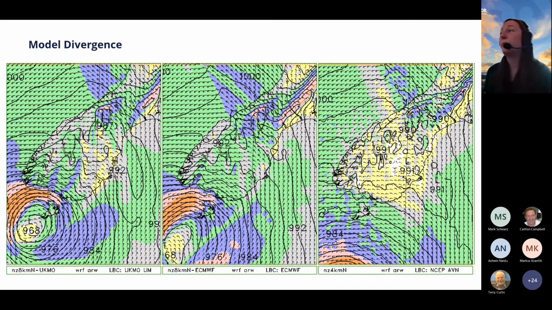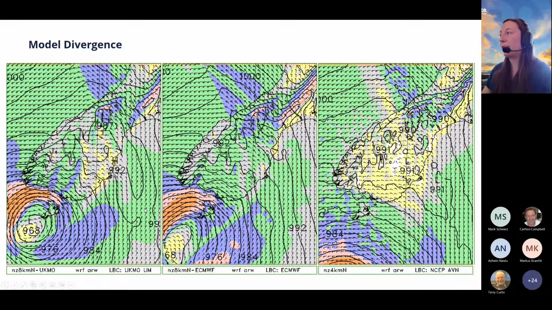We also have issues where the models, what we call diverge, they go their separate ways between themselves and between reality. And so in this example, we have our two 8-kilometre WRFs and a 4-kilometre WRF. And you can immediately see there's a very different wind strength across the Lower South Island in this 4-kilometre compared to the 8-kilometre.